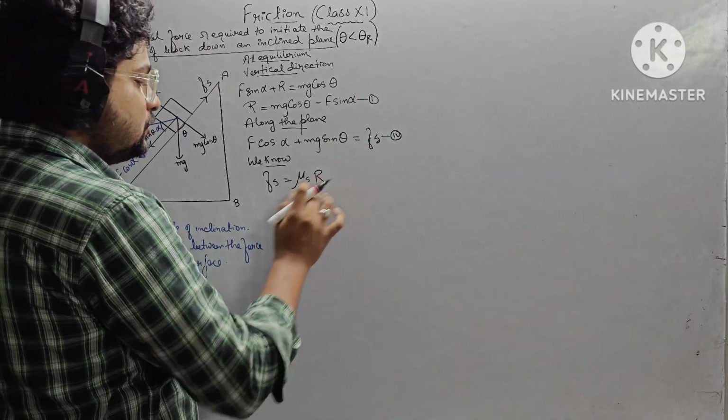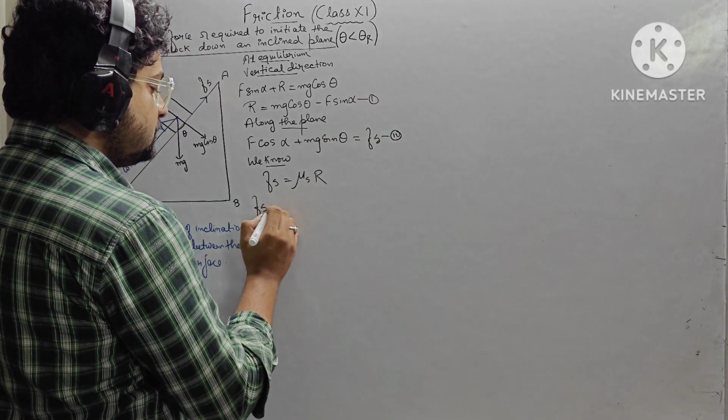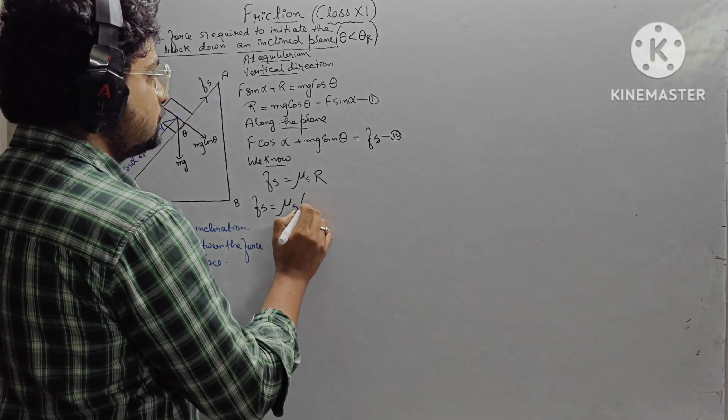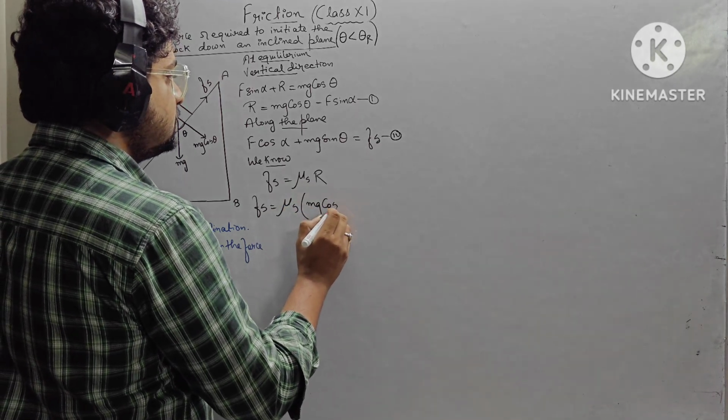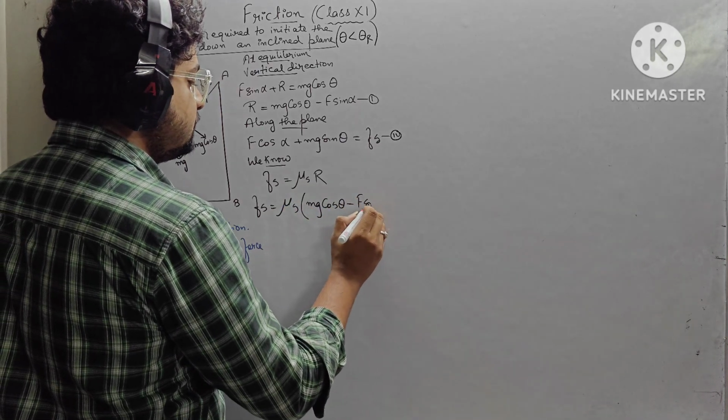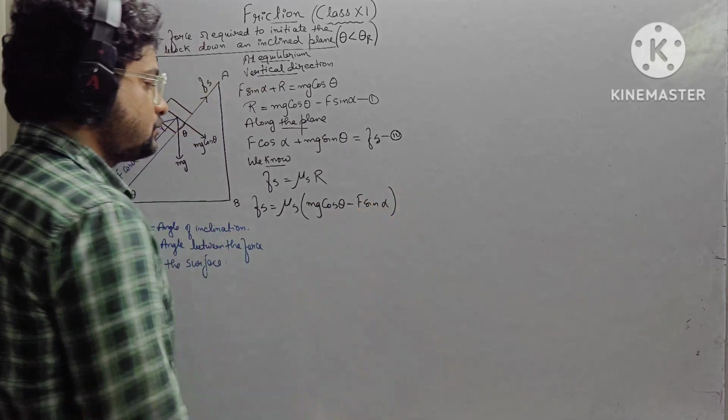So if I use equation 1 over here, I can write F is equal to mu s into mg cos theta minus F sin alpha.